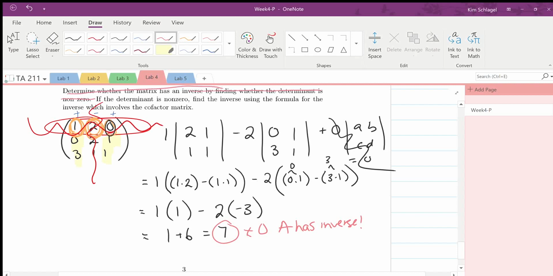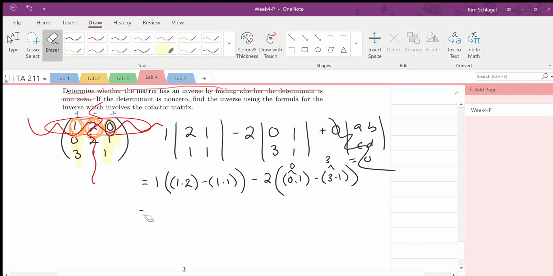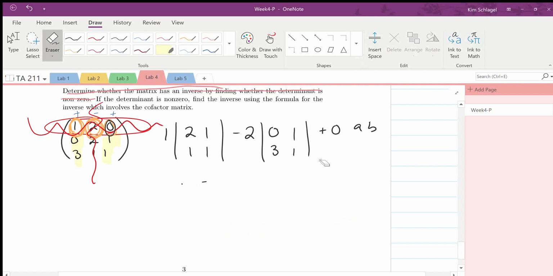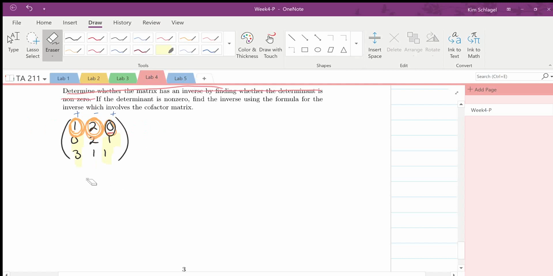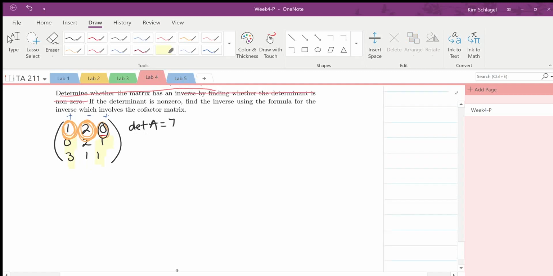So now what's left is we have to find our cofactor matrix. I'm just going to write here determinant of A equals 7 so we don't forget.